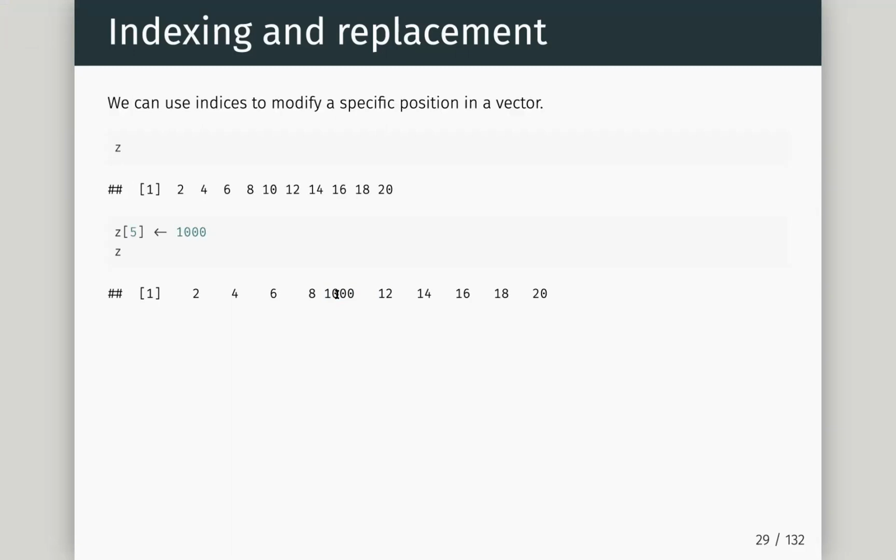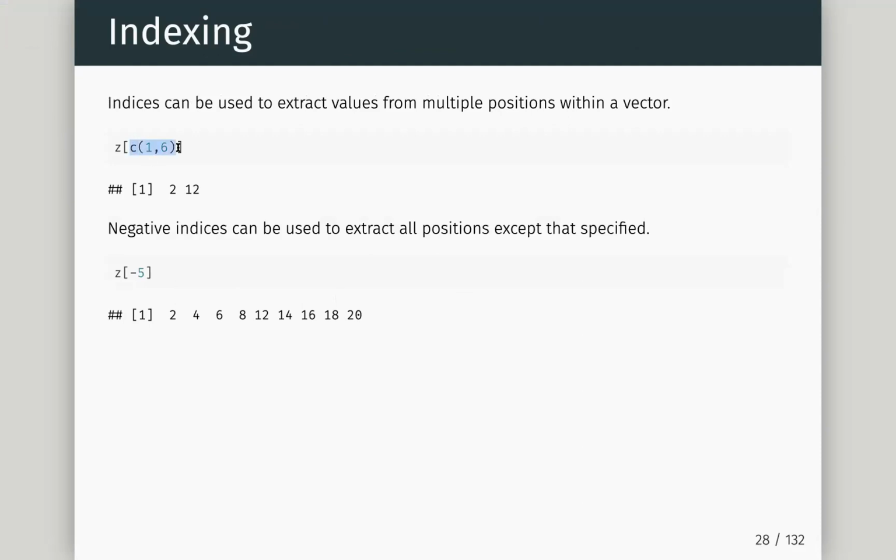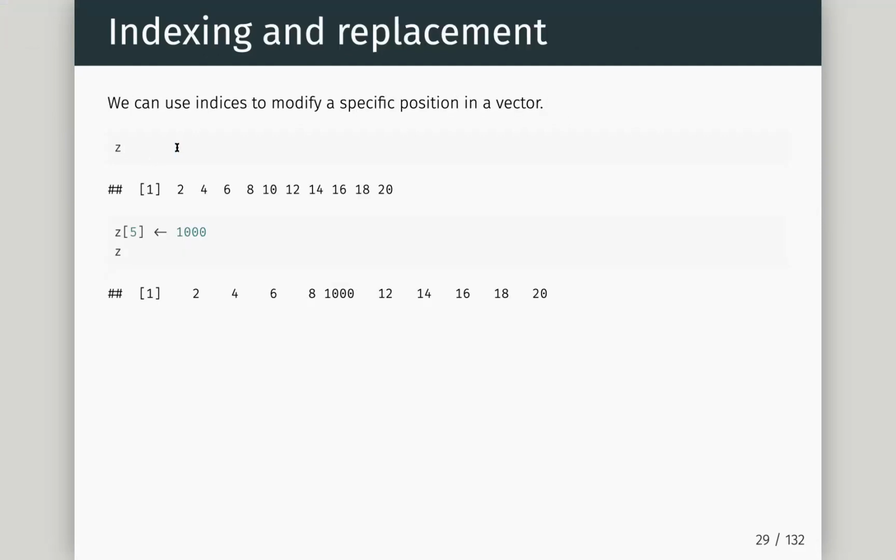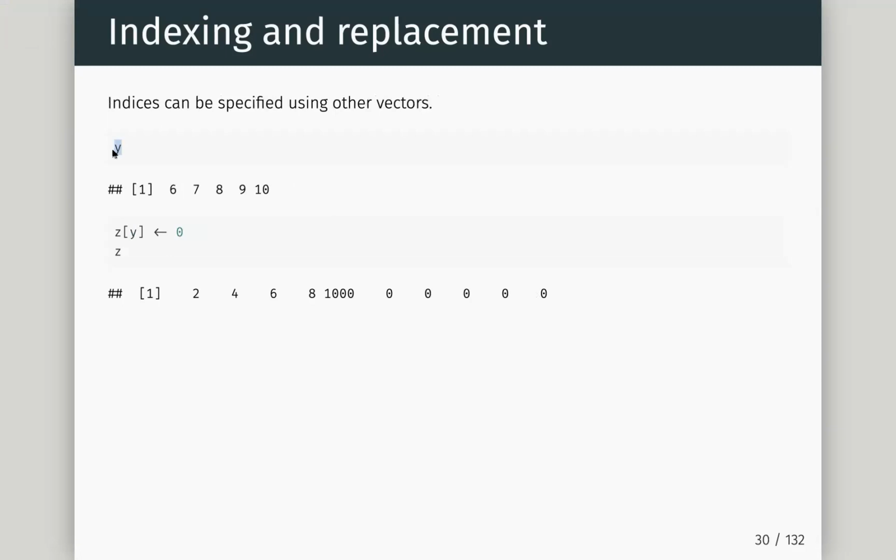We can then use, as we kind of saw here, vectors to index other vectors. And this can become most useful when we start to use variables. Right? So we have a variable here, y, which contains the values 6, 7, 8, 9, 10. I can use that variable y now to provide an index of my z.